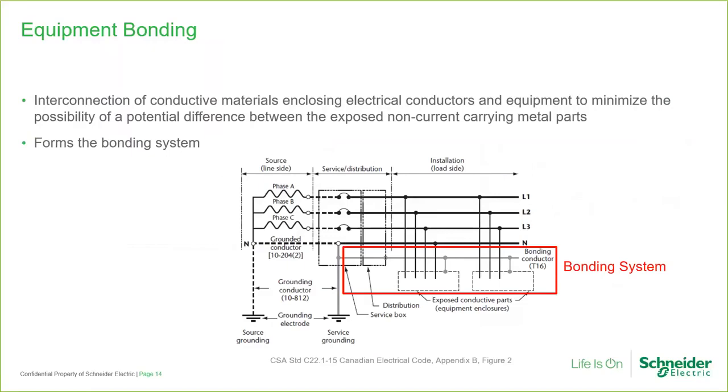Equipment bonding consists of the interconnection of conductive materials enclosing electrical conductors and equipment to minimize the possibility of a potential difference between the exposed non-current carrying metal parts. This forms the bonding system.